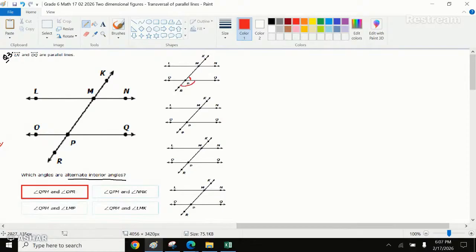Would these two angles be alternate interior? They're not, right? They are adjacent angles.